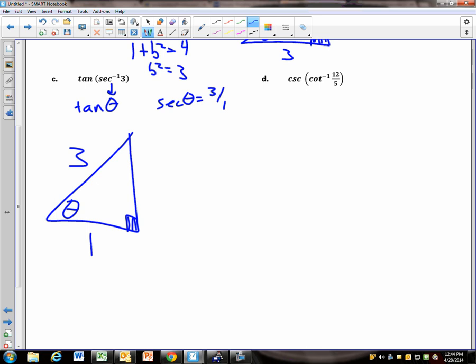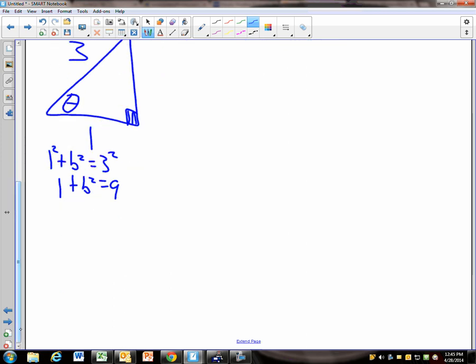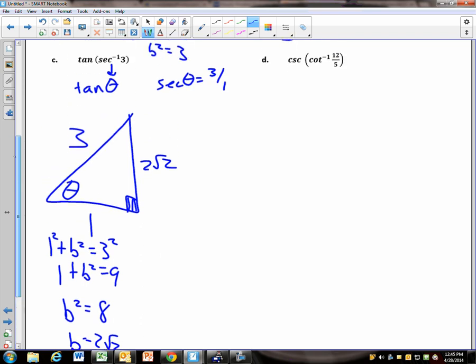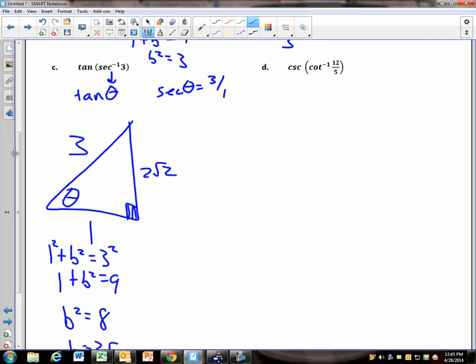Opposite over adjacent. So we just have to find the opposite side. 1 squared plus b squared is equal to 3 squared, or 1 plus b squared is equal to 9. B squared is equal to 8. B is equal to 2 roots of 2. So therefore, tangent of theta is opposite over adjacent, 2 roots of 2.